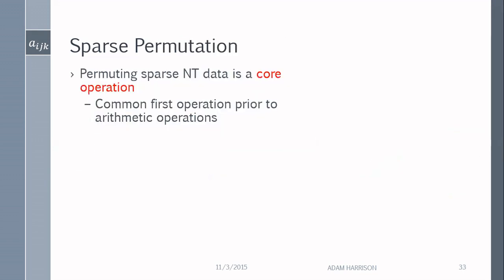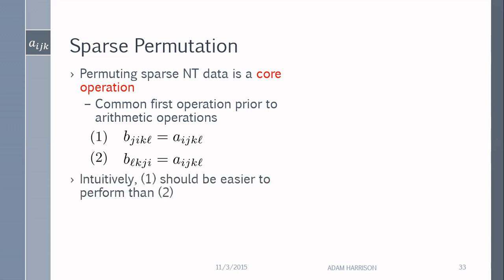Permutation is a common operation with sparse numeric tensors. It generalizes transposition. If you have a tensor with 4 indices, you could imagine that it should in principle be faster to swap 2 indices versus reversing all 4 indices.